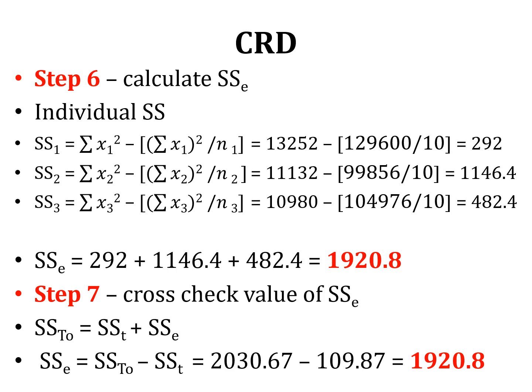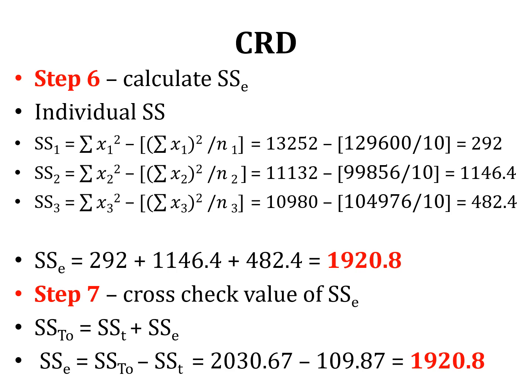The individual sums of squares are 292 for sample number 1, 1146.4 for sample number 2, and 482.4 for sample number 3, which is our treatment C. The experimental error sum of squares is the sum of the individual sums of squares, which is 1920.8.